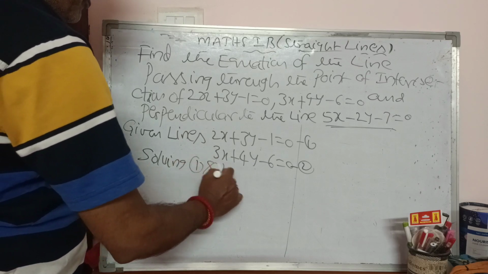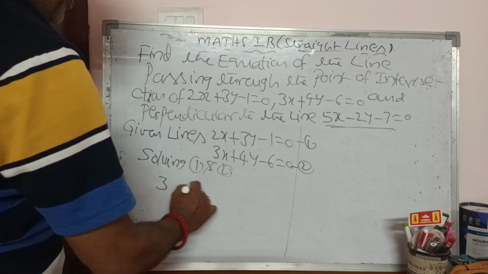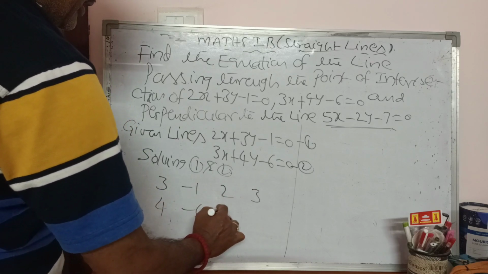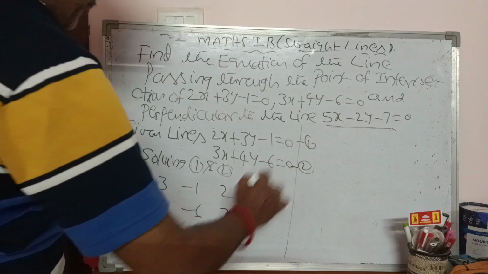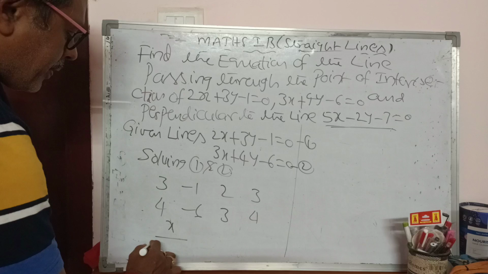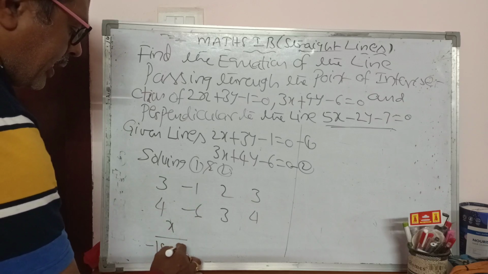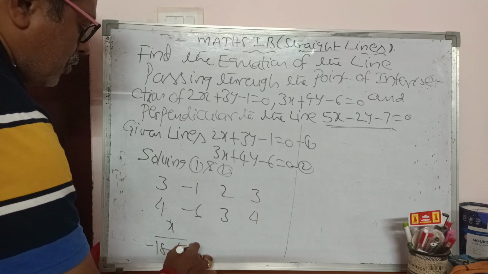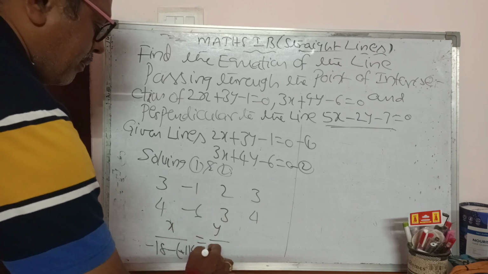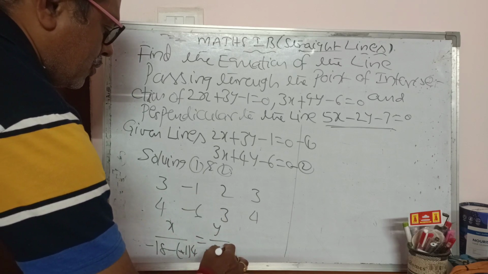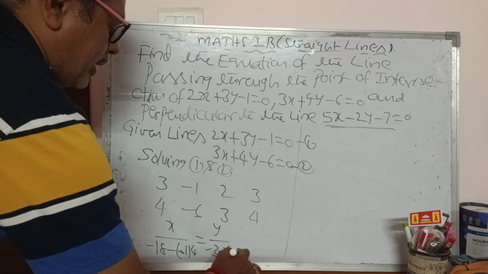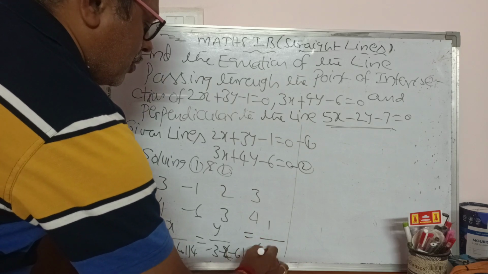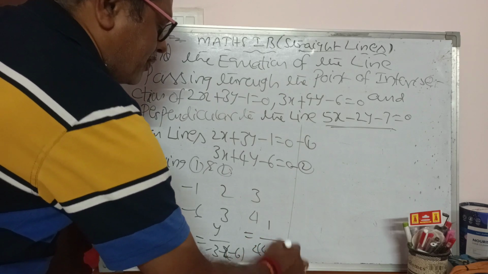Coefficients: 3, minus 1, 2, 3; 4, minus 6, 3, 4. Therefore, x by minus 18 minus minus 1 into 4 is equal to y by minus 3 minus 2 into minus 6, is equal to 1 by 2 into 4 minus 3 into 3.